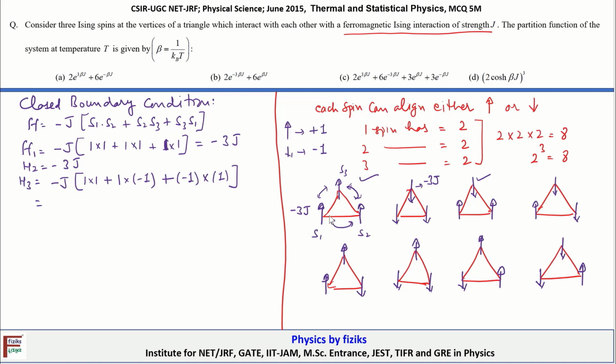So this is equal to minus J times (1 minus 1 minus 1), and that is equal to J. So the interaction energy for the third configuration is J.